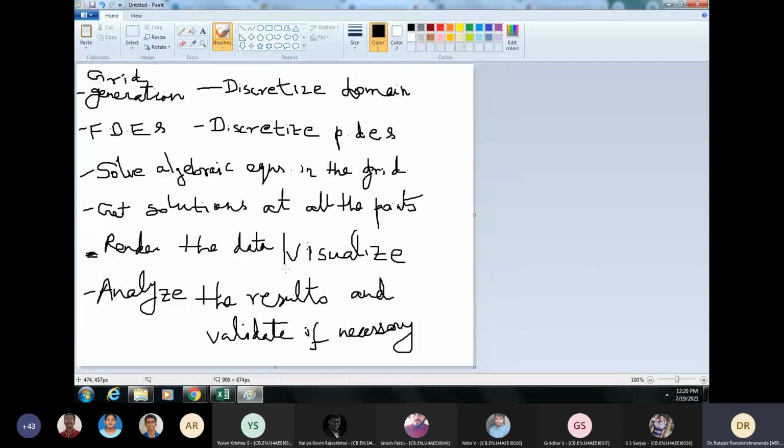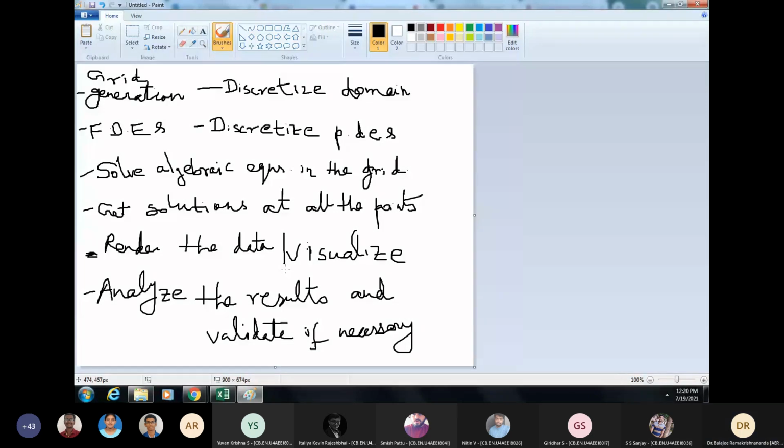Another way to say it in fluid dynamic terms is the continuity equation. That's a partial differential equation. Then in momentum equation, there are three of them: x momentum, y momentum, z momentum, if you consider 3D flow, or only x and y momentums if you consider 2D flow, or only x momentum if you consider 1D flow.